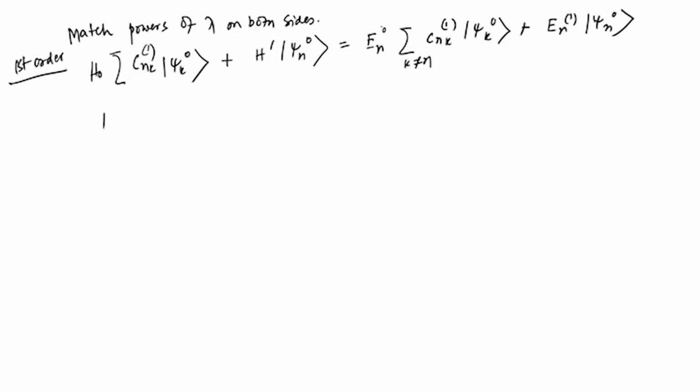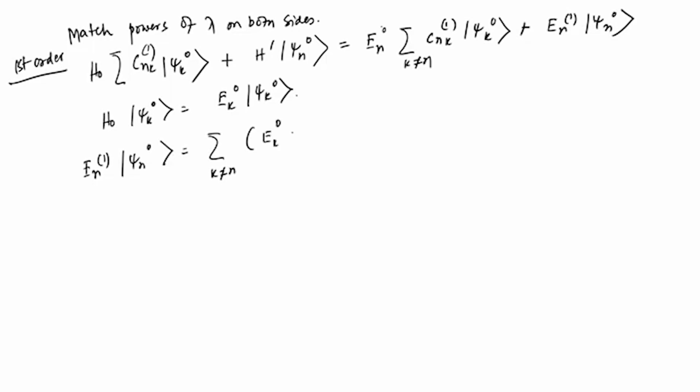So, if you recognize that h 0 psi k 0 is a problem that you are familiar with, that is known, and then we have this E n 1, which is a first order correction in energy, acting on psi n 0. This gives you a sum over k not equal to n of E k 0 minus E n 0 and C n k 1 psi k 0 plus a h prime psi n 0.